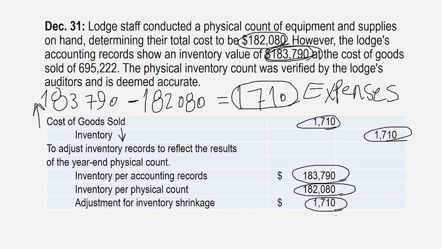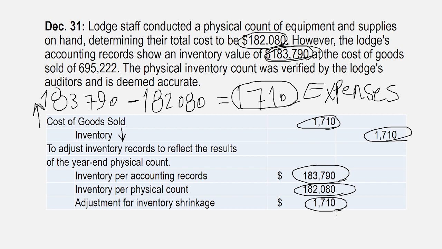The difference between the accounting records and the physical count indicates the inventory shrinkage. And now we are familiar with how we should record inventory shrinkage in accounting.